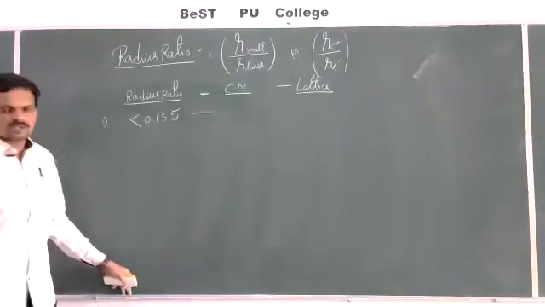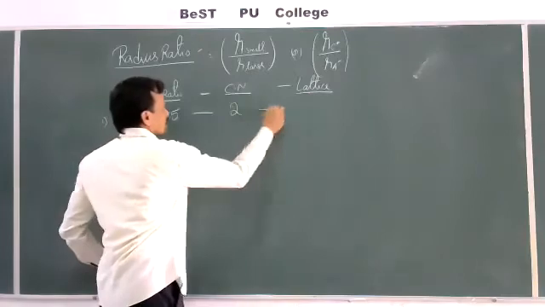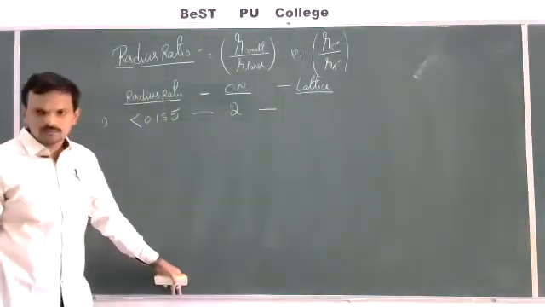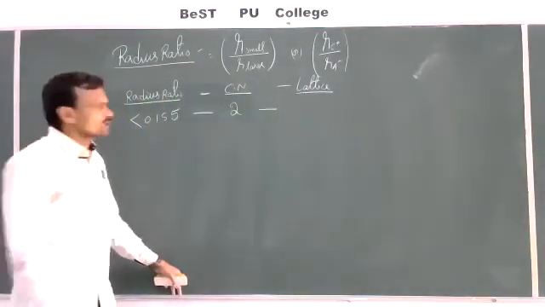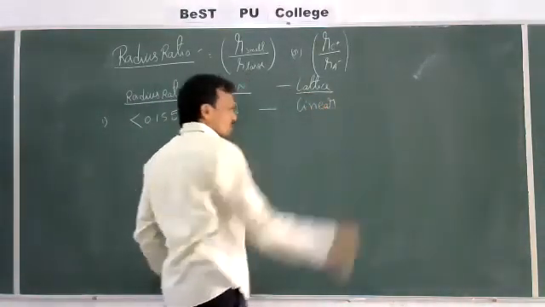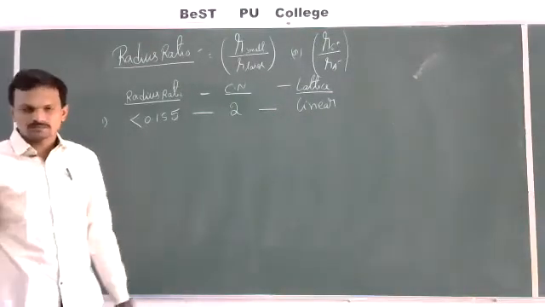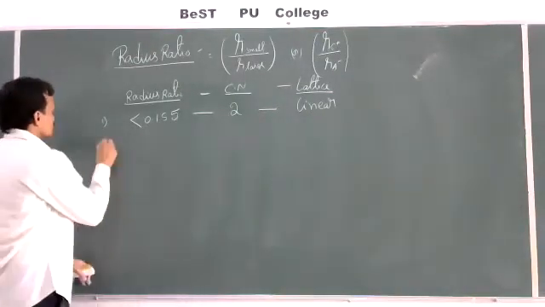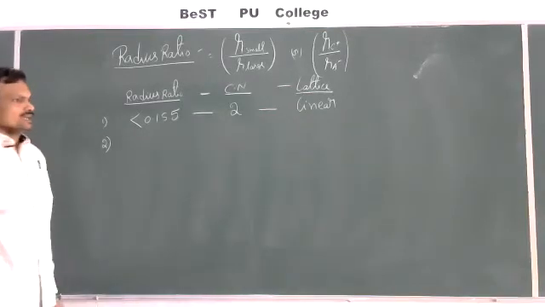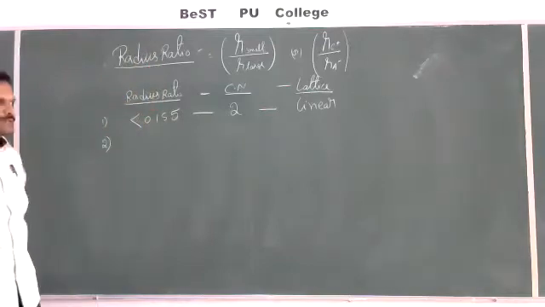If the radius ratio is less than 0.155, then the coordination number of the particles is 2, and this is linear, meaning the particles are in contact with one another in a linear shape.